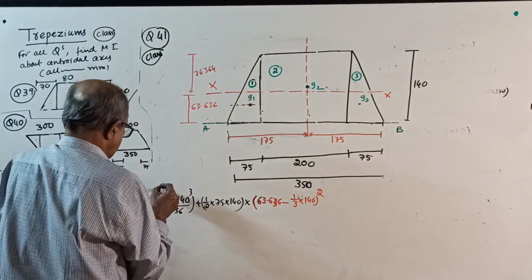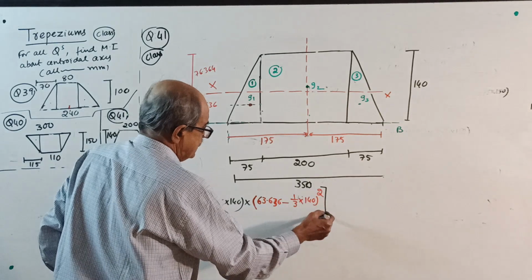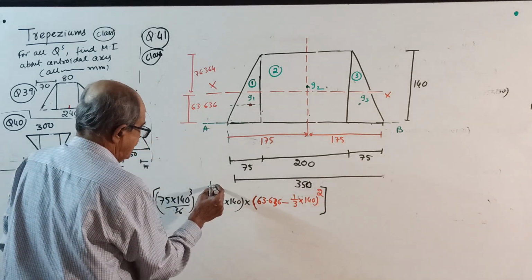This is Ig plus A square, the moment of inertia for 1.